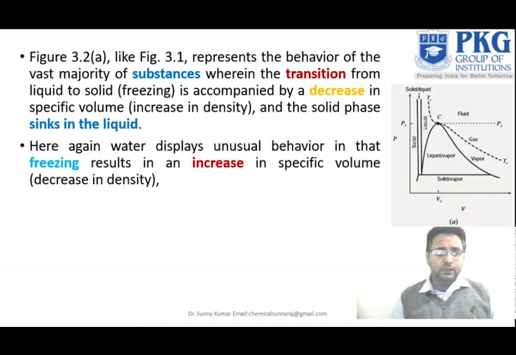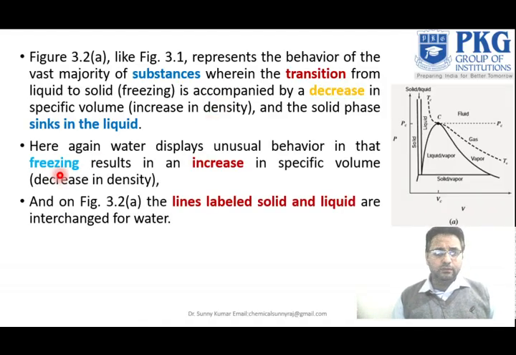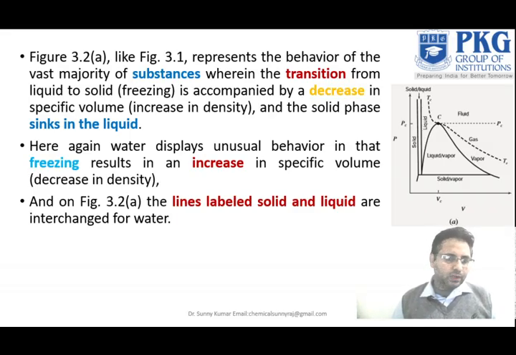Here the reason water displays unusual behavior is that freezing results in an increase in specific volume and a decrease in density. You have seen that when you put ice in water, it floats. It does not submerge, because the density decreases.